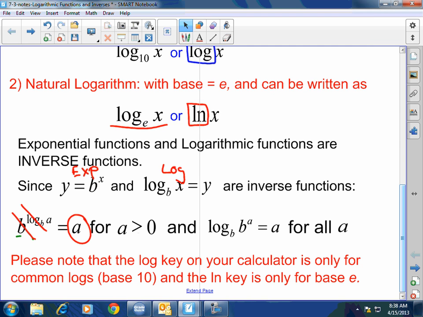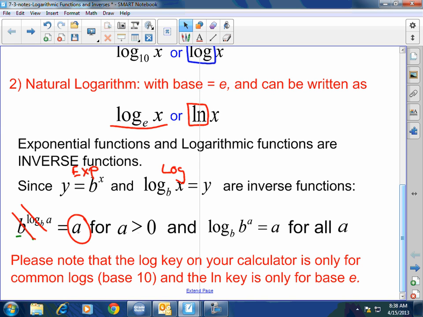On the flip side of that, if I have log base b of b to the a power, same thing. Log base b of b, those b's cancel, and I'll have a left over. So if I have b raised to the log base b, those cancel, and my answer is what's left over.